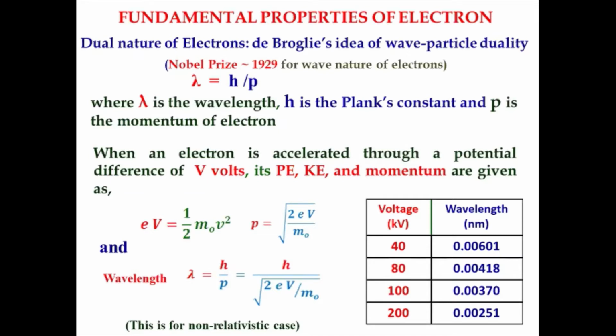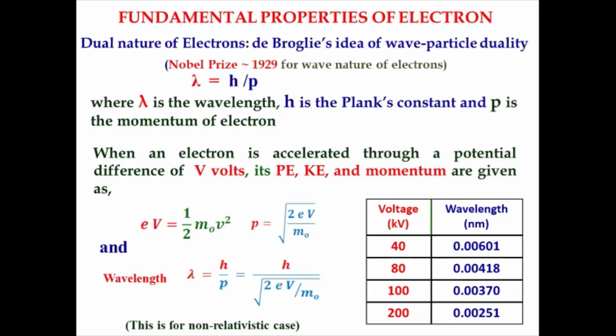Being a charged particle, if you apply a potential difference, it can be accelerated or decelerated. So, using the conservation of energy, kinetic energy half mv square equals the potential energy eV, where V is the strength of the applied potential difference.